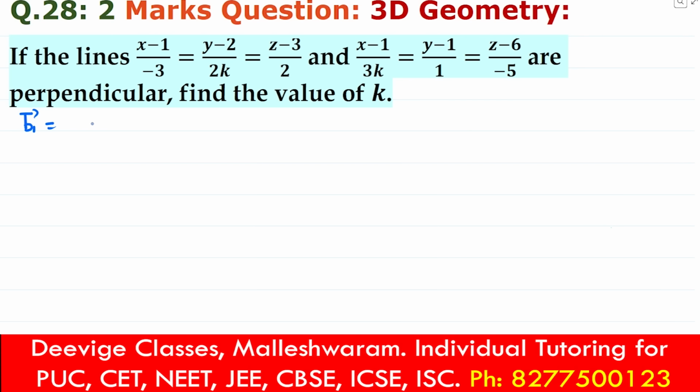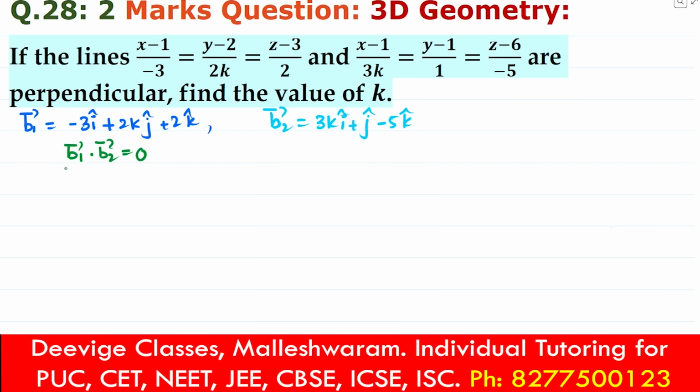Vector b1 will be equal to minus 3i cap plus 2k j cap plus 2k cap, and vector b2 will be 3k i cap plus j cap minus 5k cap. These two lines are perpendicular, so b1 dot b2 will be equal to 0. Now the dot product of these two vectors: minus 3 into 3k plus 2k into 1 plus 2 into minus 5 is equal to 0.